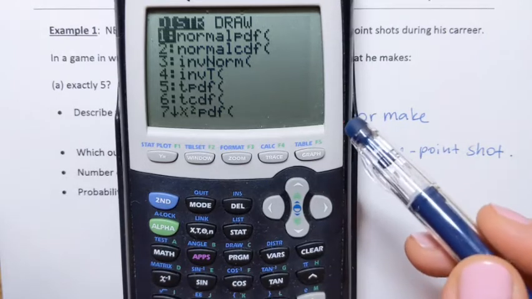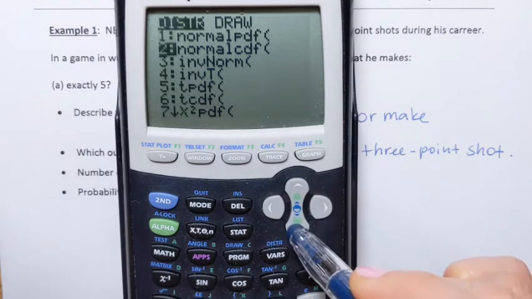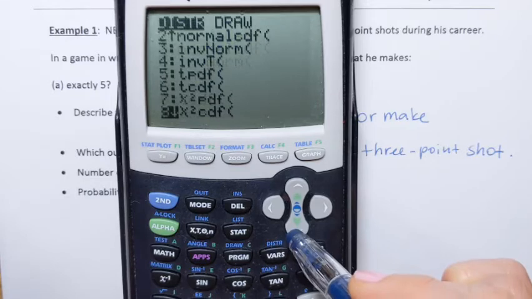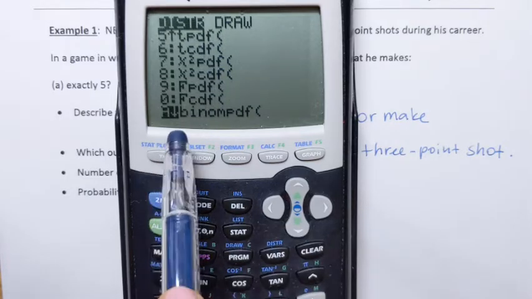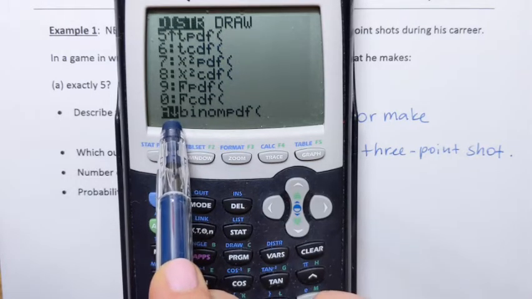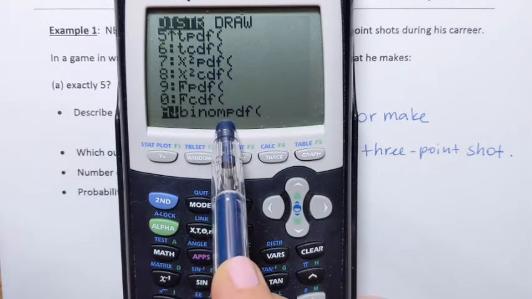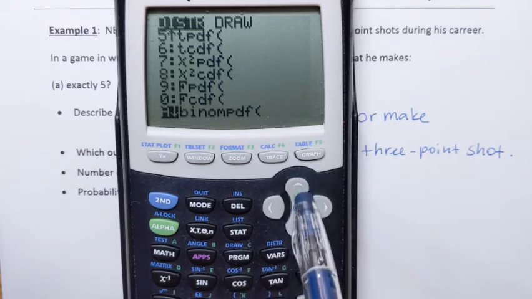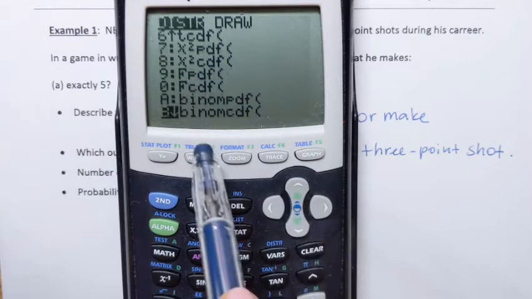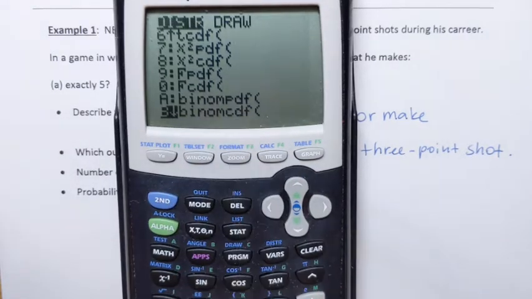To find it, we have to scroll down until we reach line A. See how it says Binompdf? So this is binomial probability distribution function. And if you scroll one more, it's going to be Binomcdf.